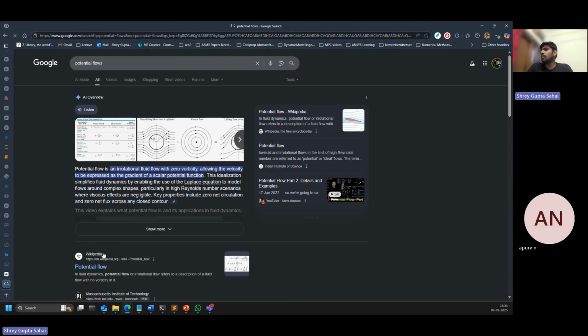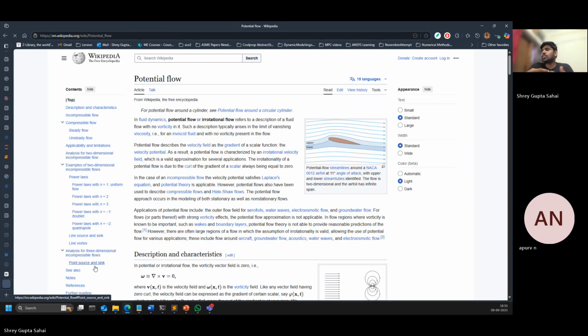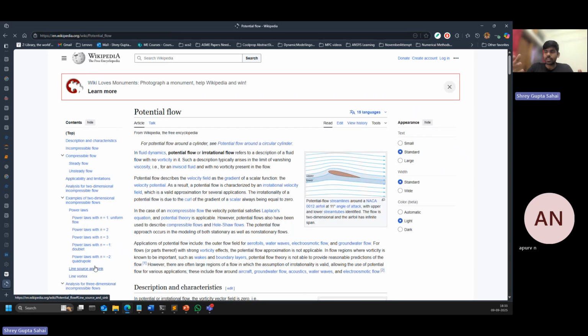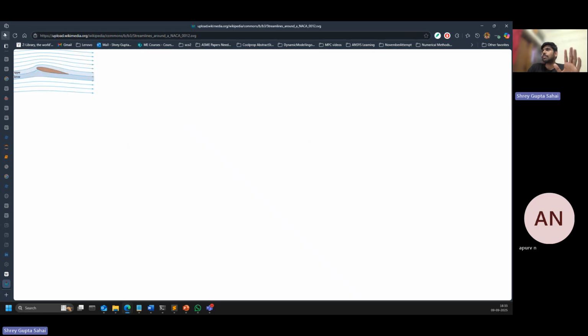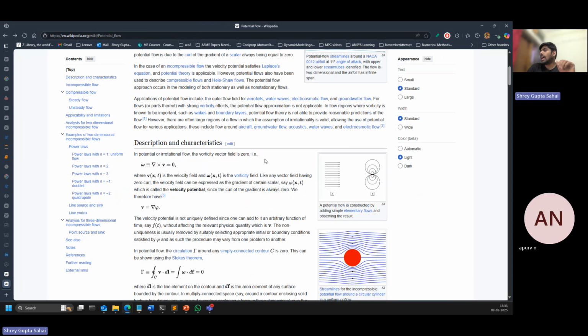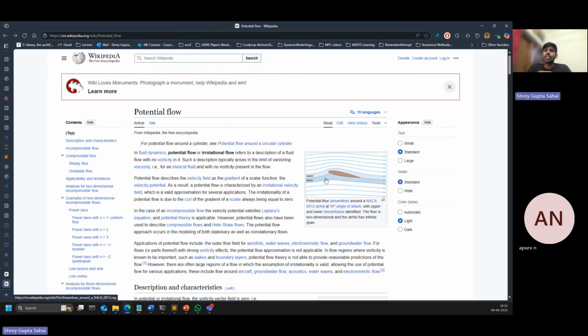So essentially, when you say that the flow is inviscid, the picture I was trying to show you is that there is an airfoil and there is a flow happening around it. And essentially we are saying the viscosity is negligible.